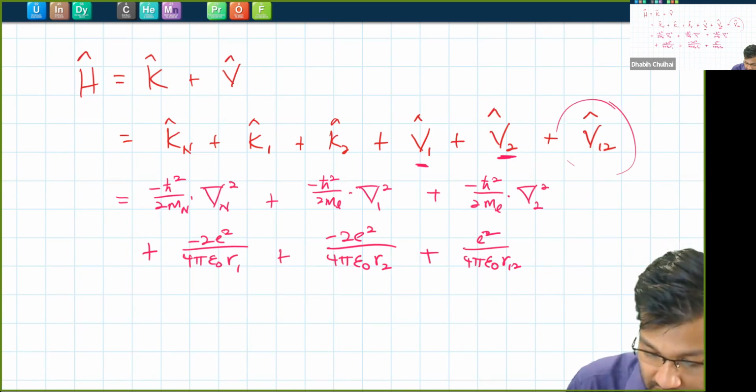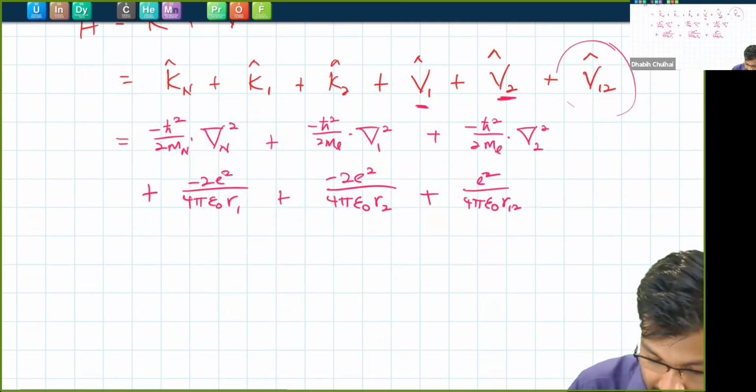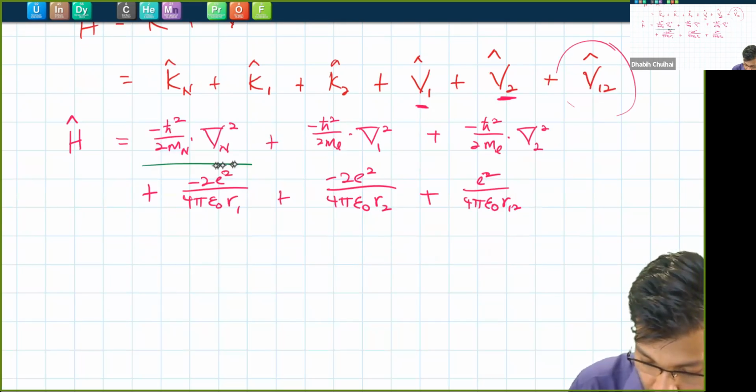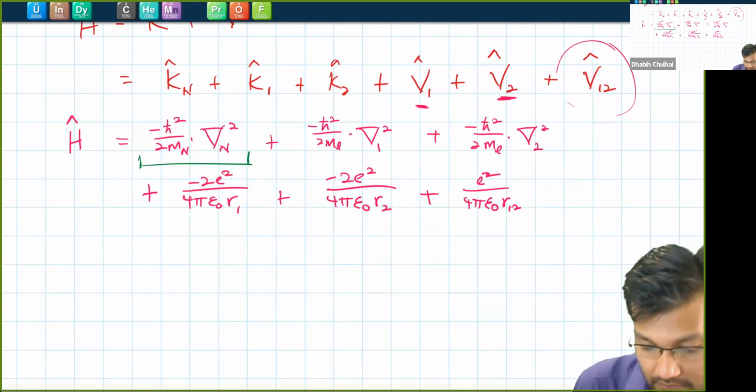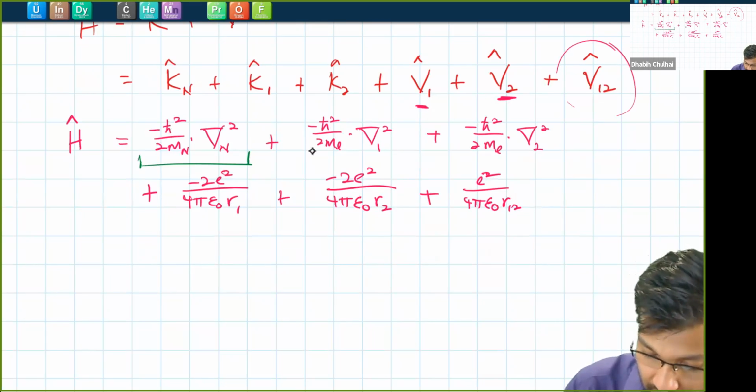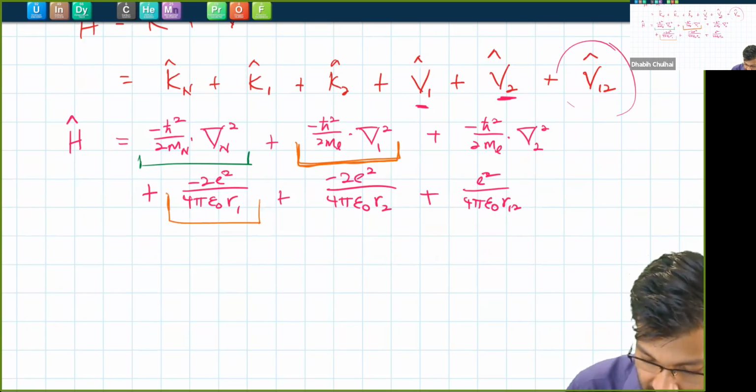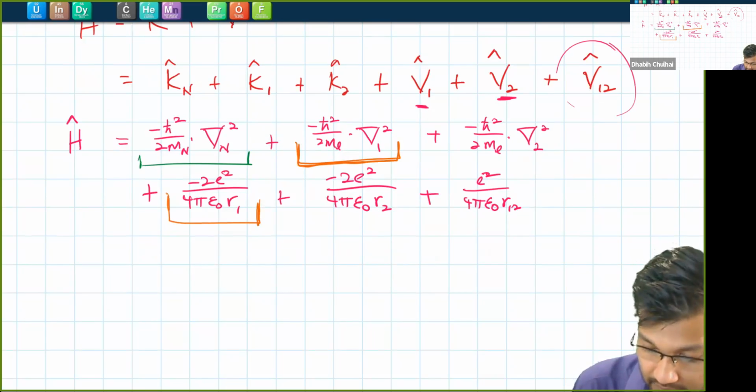So I'm going to group some similar terms together, right? So this is our Hamiltonian. This term depends on the coordinates of the nucleus. This term depends only on electron 1, and this term really only depends on electron 1, right?